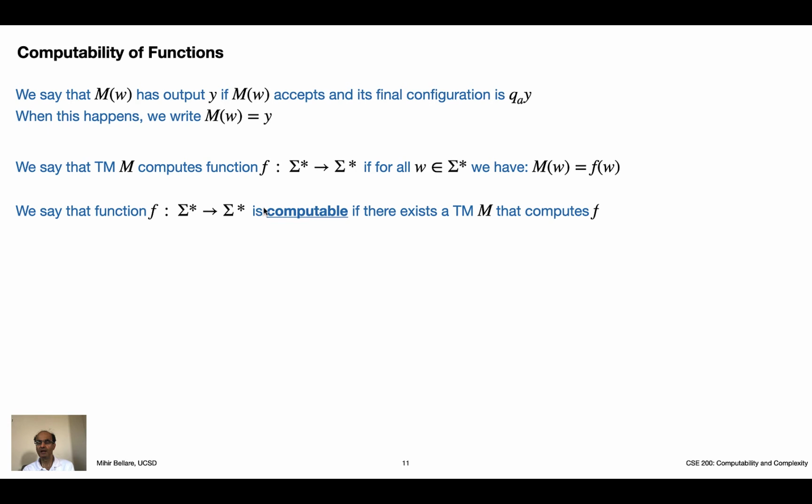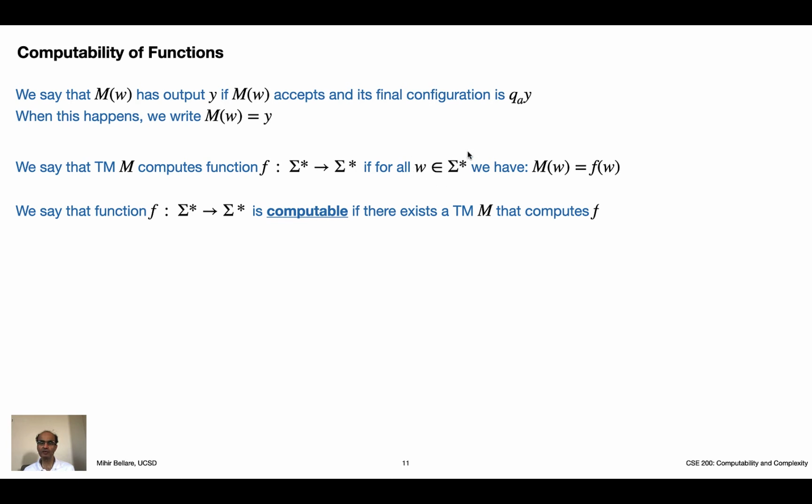Now, if we are given a function, some mapping that takes inputs in the set of all strings over the alphabet and returns outputs in the same set, we can talk of computing it. To compute it, I have to exhibit a Turing machine such that when I run it on an input w, it always halts and always accepts, and the output on the tape is the result of the function f applied to w.